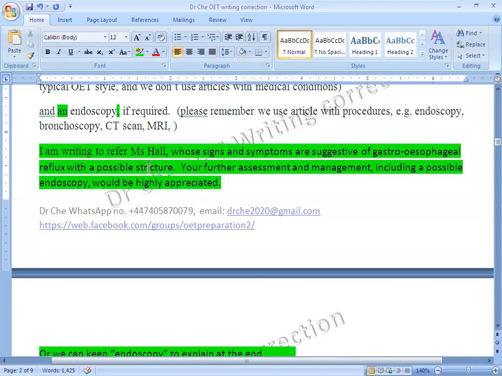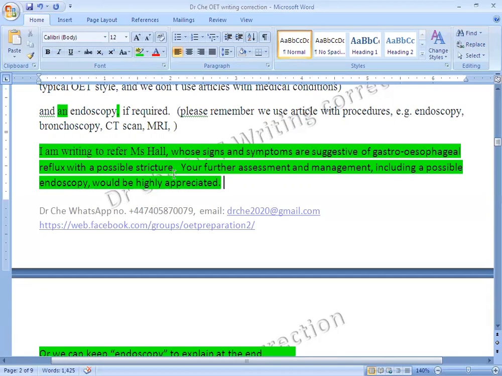Your further assessment and management, including a possible endoscopy, would be highly appreciated. Okay. So when it is possible, then we use a, and otherwise it is an endoscopy.